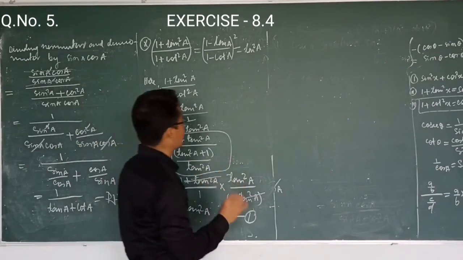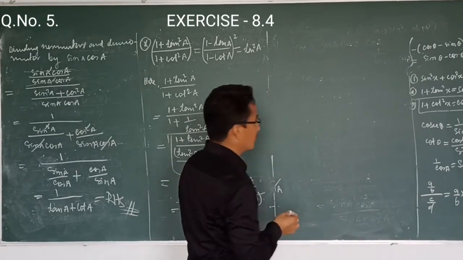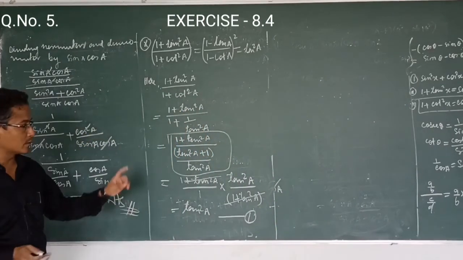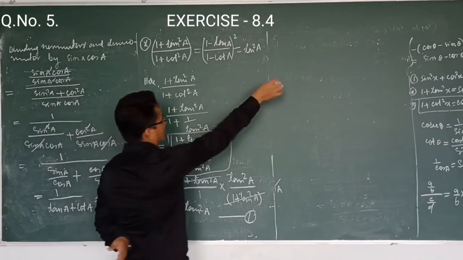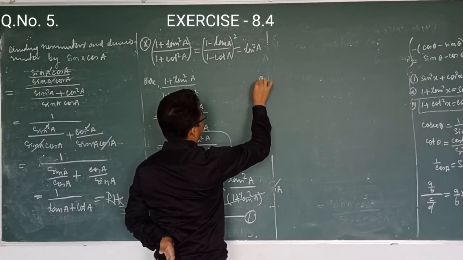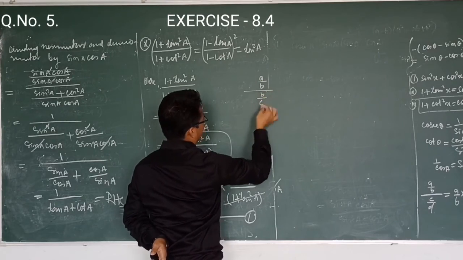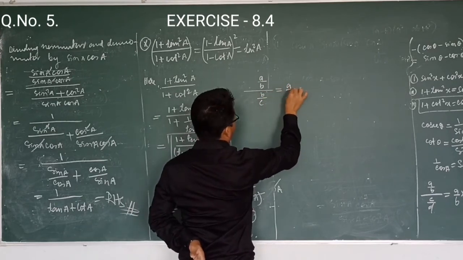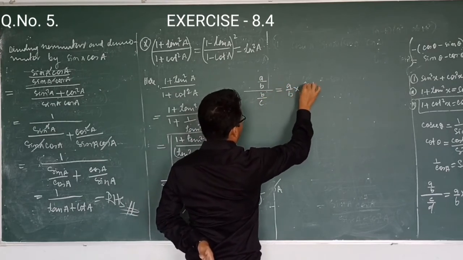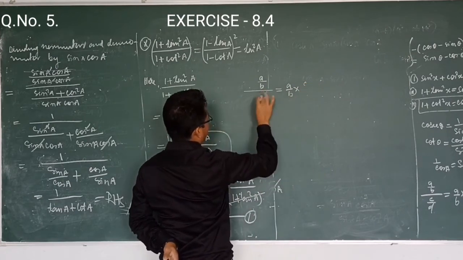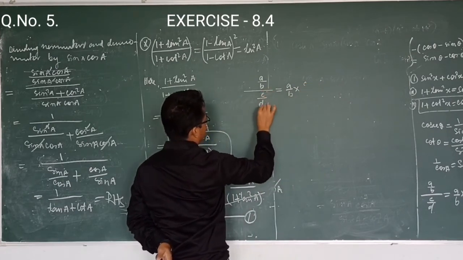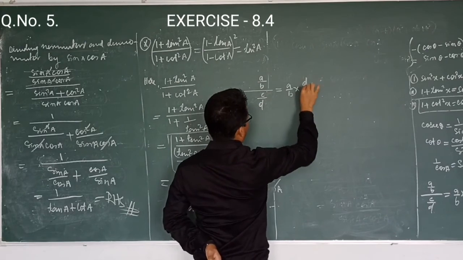I am showing something which is very important. You have to take care while solving the question. So I write a/b divided by b/c. Okay, so a/b into c/d, then this is d/c.